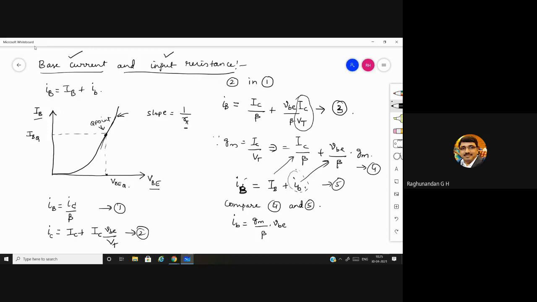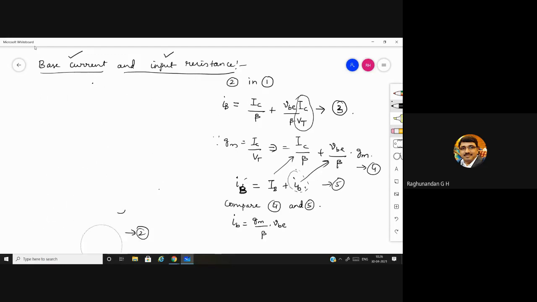Now, small signal input resistance is obtained by looking into the base and considering the resistance between the base and the emitter. These words you should remember. Whenever we are talking about input resistance, we say looking into.